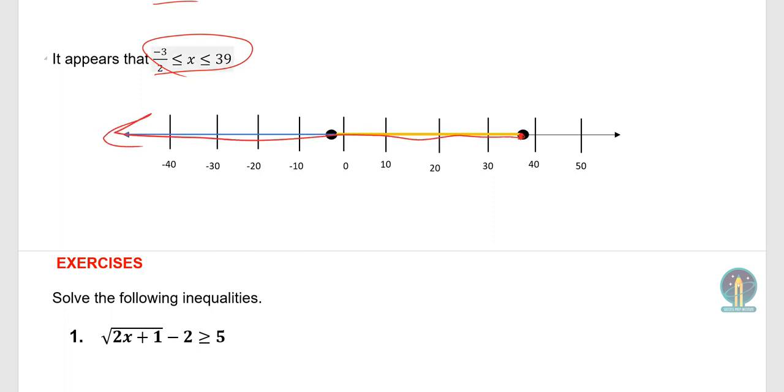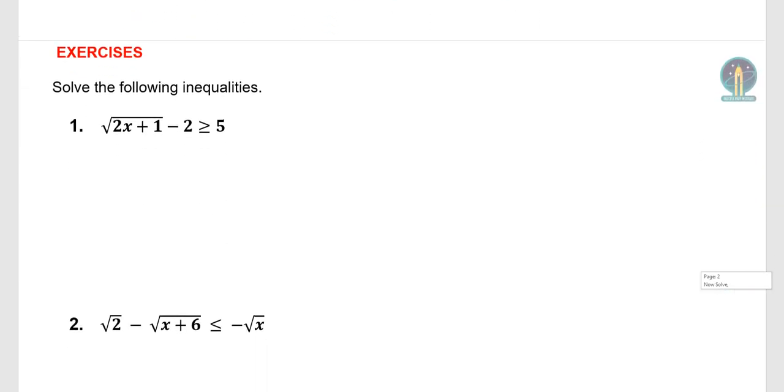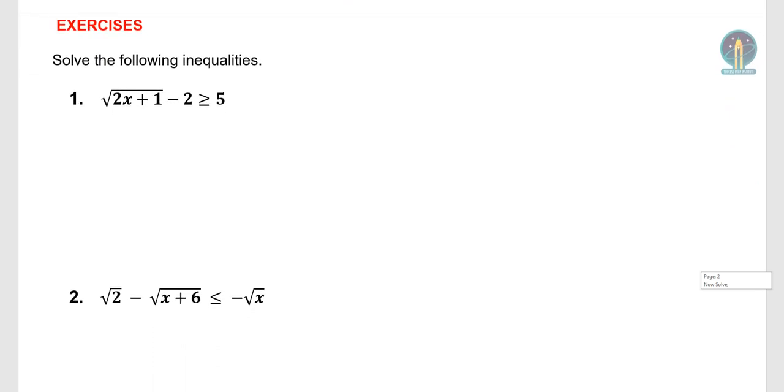It has to be greater than or equal to minus 3 halves. So the solution is only from here to here. Okay, this is the solution. This way you ensure that what's under the radical doesn't end up being imaginary. It actually gives you a real answer.